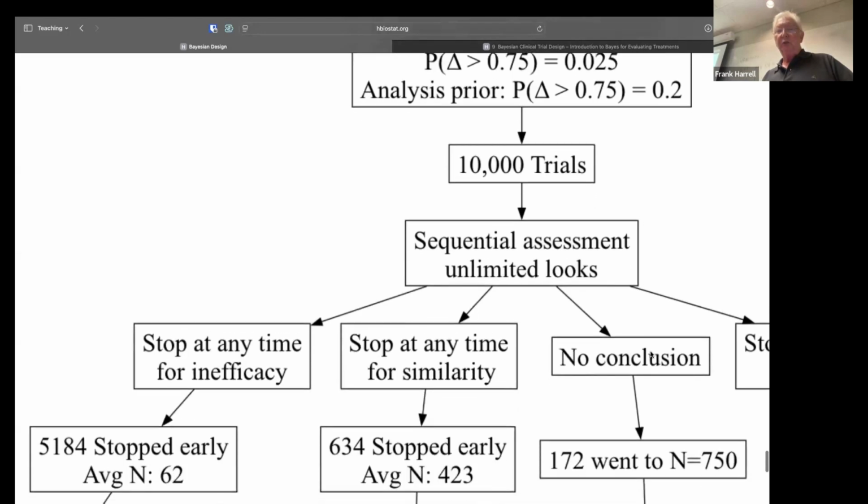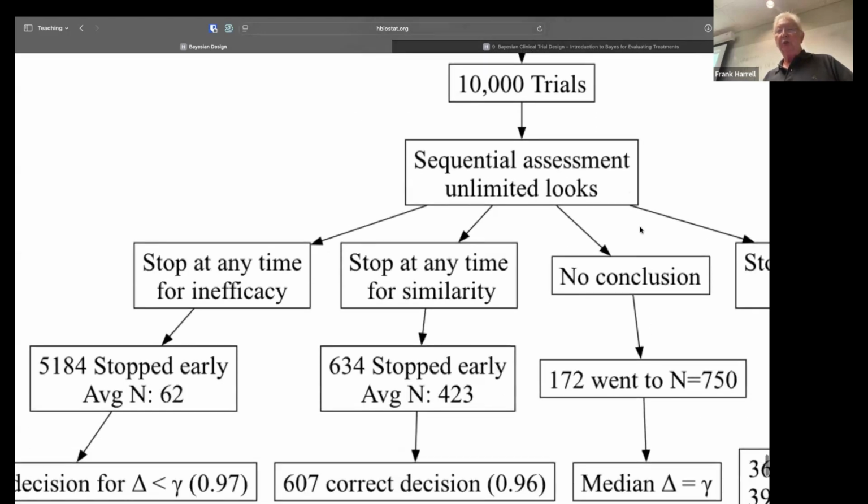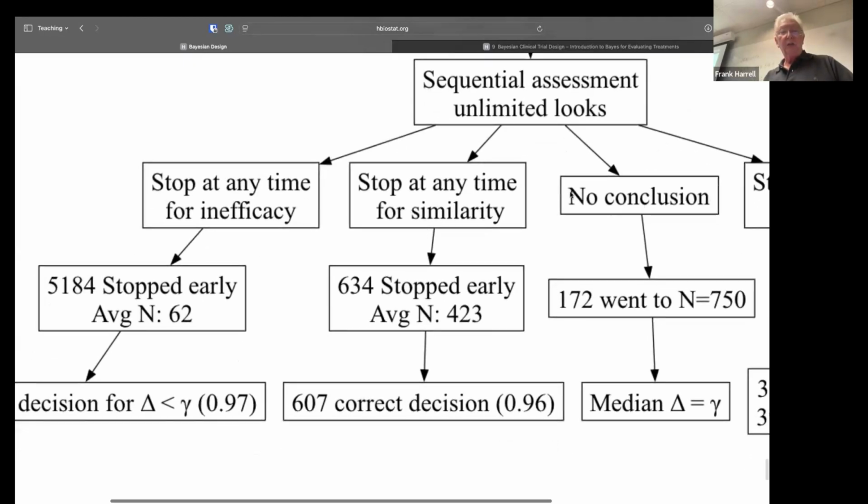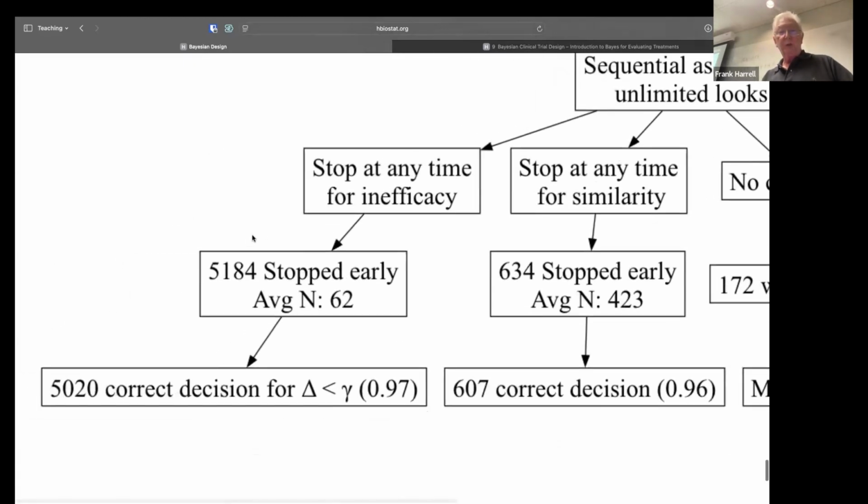We're going to do 10,000 trials, sequential assessment with unlimited looks. So how often did we stop at any time with a conclusion of inefficacy? Out of 10,000 trials, we stopped more than half the time with an early conclusion of inefficacy, which includes futility with regard to efficacy.